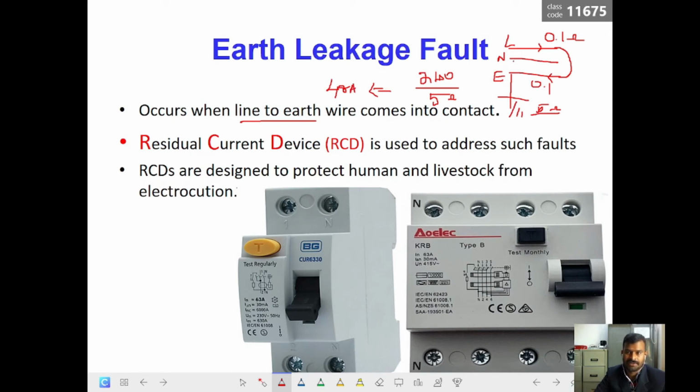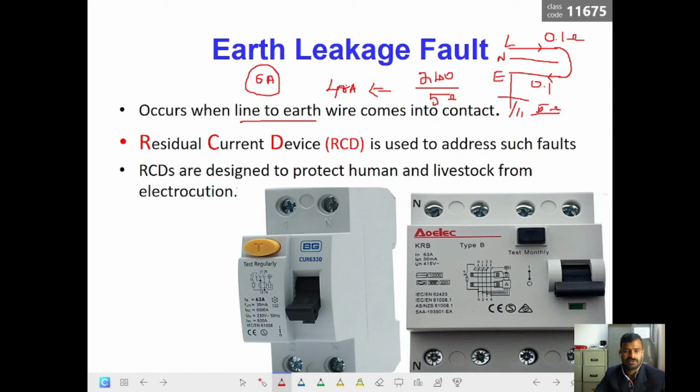Since it is a direct line to earth fault, if you have the same 6 ampere MCB as in the previous discussion, this 6 ampere MCB would trip for these 48 amperes and it would consider it only as a short circuit fault. Okay, line to earth fault, a huge amount of current is flowing through this.